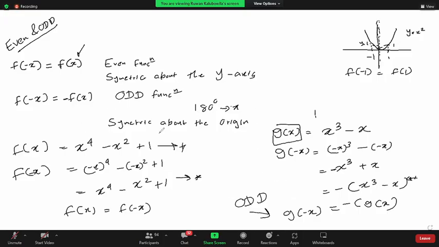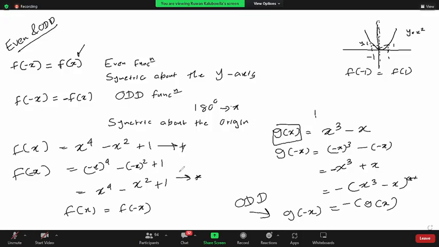So when we talk about polynomials, sometimes we will meet even functions, sometimes we will meet odd functions. These are the special things. People have given names to these functions, so we have to learn them. That is what we are doing here.